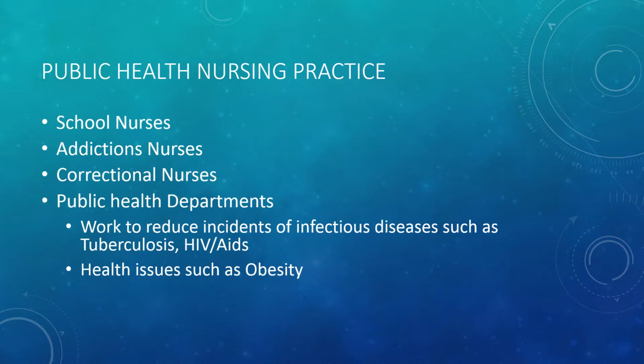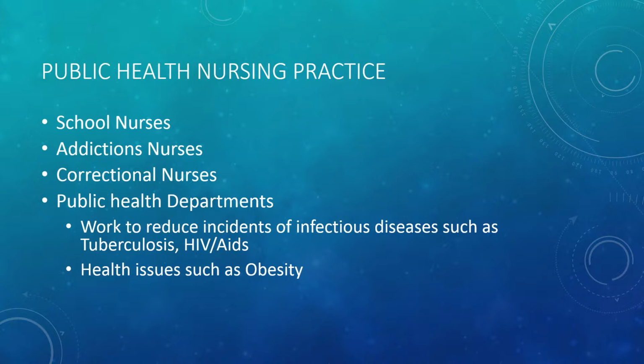Some examples of public health nurses you could see would be school nurses, addictions nurses, correctional nurses, and nurses that work for public health departments. We talked about the nurse as the epidemiologist, that role specific to public health.